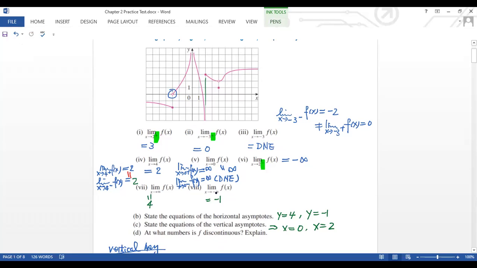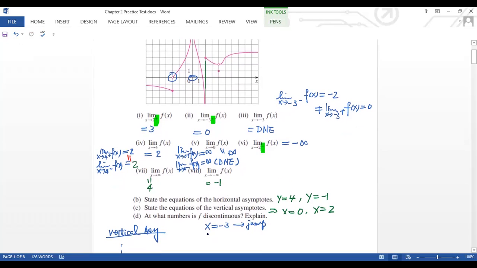So what is discontinuous here? We say x equals -3. Why is this one discontinuous? We have a jump discontinuity. Where is the other one? This point, right? So this is x equals 0.